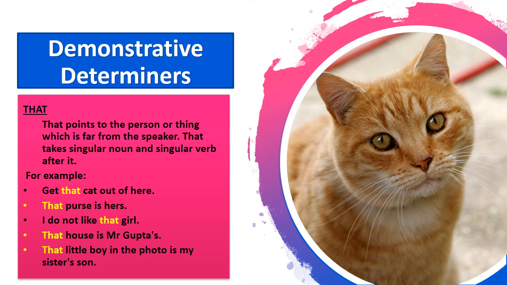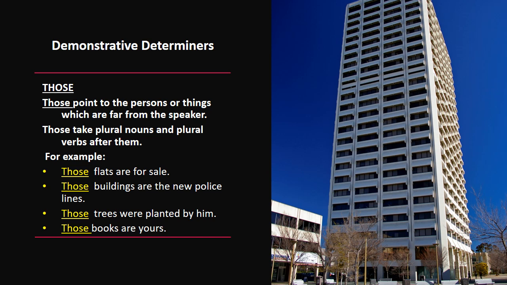And the next one is those. Those point to the persons or things which are far from the speaker. Those take plural nouns and plural verbs after them. So those is used for the persons or things, the objects which are far from the speaker and used for plural verbs and nouns.